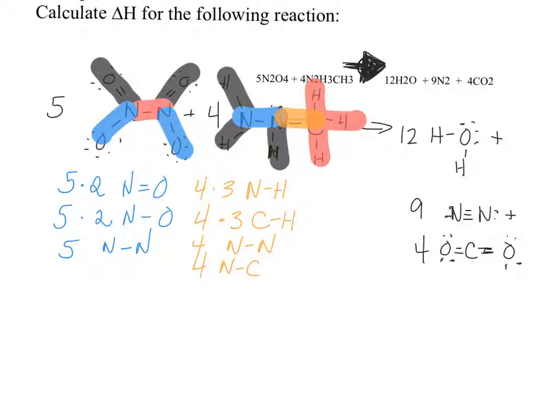Then I go to my water, okay, and I have 12 times 2 HO bonds plus 9 N triple bonds plus 4 times 2 C-double-O bonds. Okay, let's do the math on this.